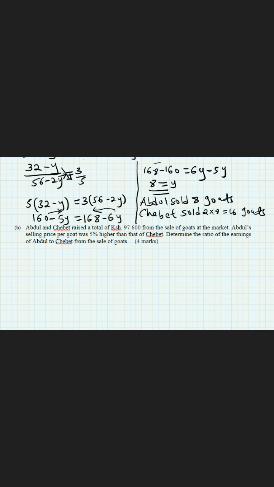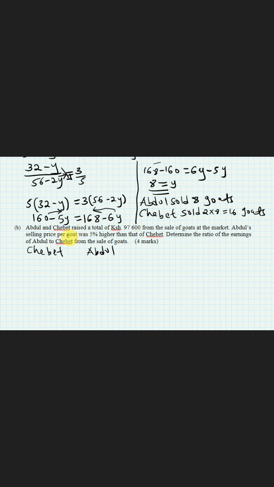Then we are told to determine the ratio of the earnings of Abdul to Chebet. So we don't know the selling price, but we can now let. We are dealing with Abdul and Chebet, and the total amount raised by these two people is this.